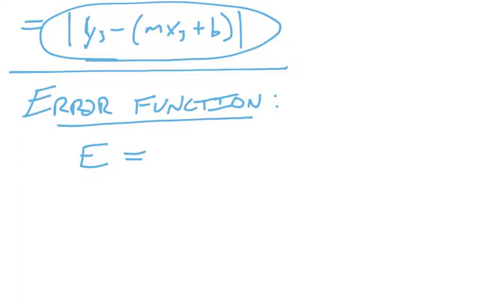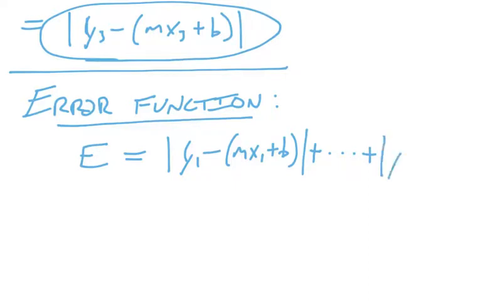So this is going to look like |y1 - (mx1 + b)| plus the same thing for x2 and y2, plus all the way up to |yn - (mxn + b)|. And this is going to add up every single one of our errors between every one of our individual data points and the line that we're trying to find.